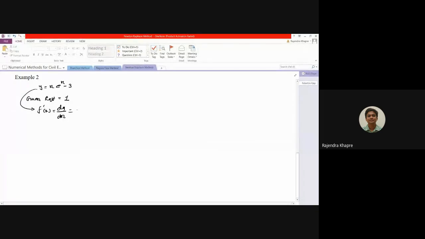If you are not aware of how to get the derivative of expressions like x into e raised to power x, then you won't be in a position to solve this problem using the Newton Raphson method. Anybody has an answer, how this derivative of x into e raised to power x will be? Anybody?